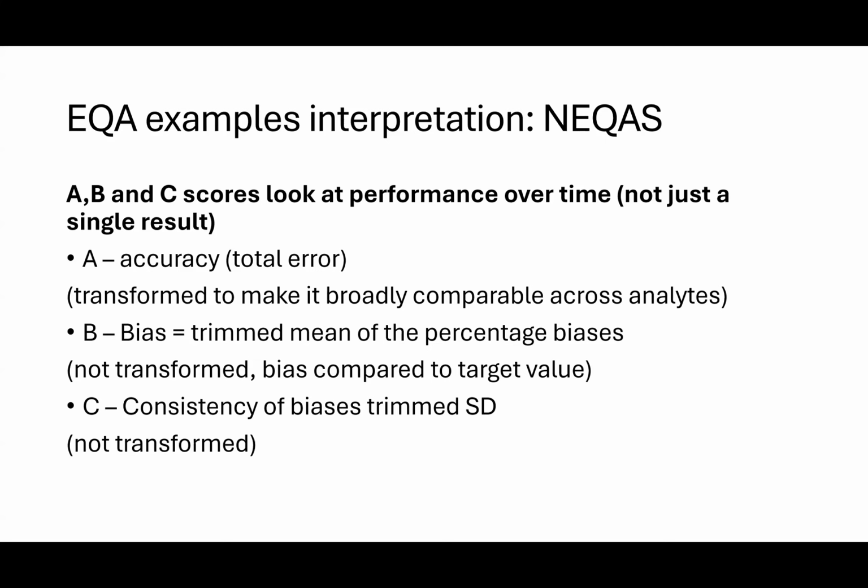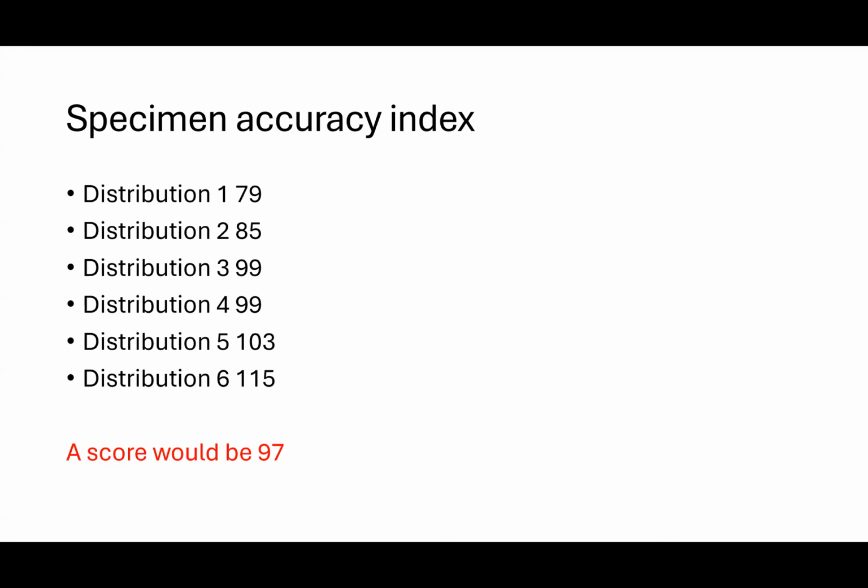So let's just see how you might calculate that. If you had the following specimen accuracy index, we talked about that's an individual result, then your A score would be 97. So just the mean of those scores over time.